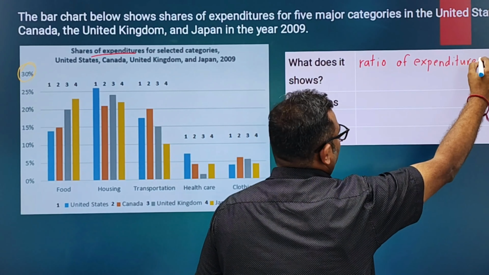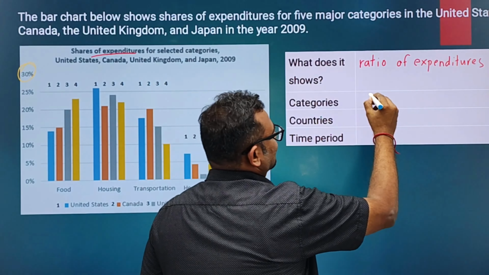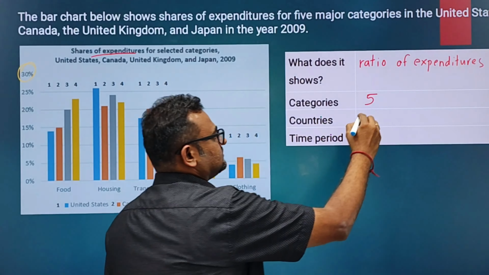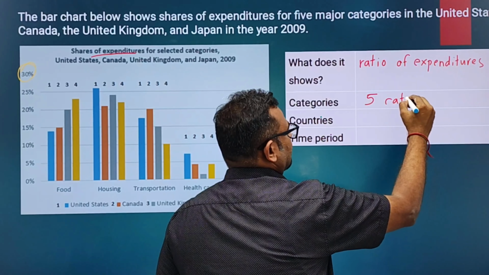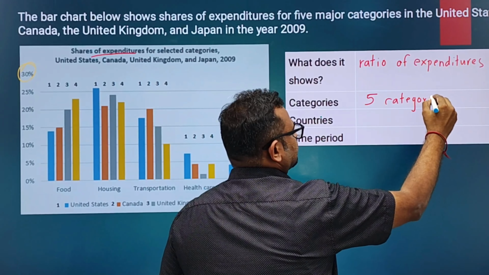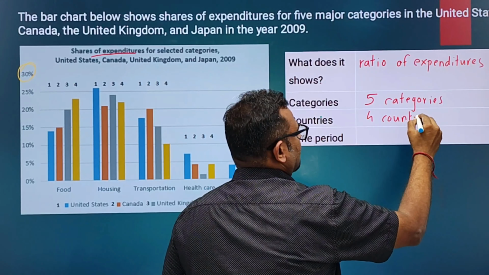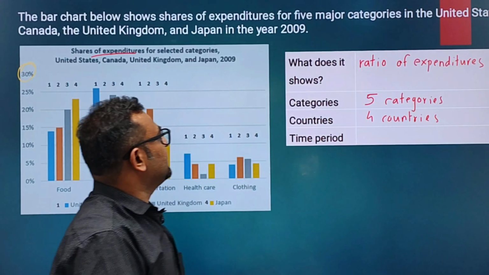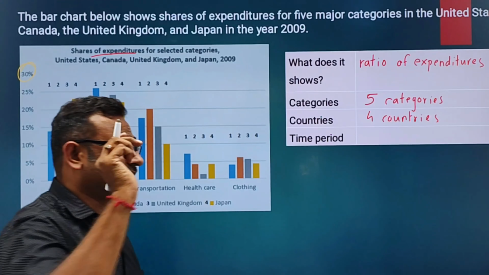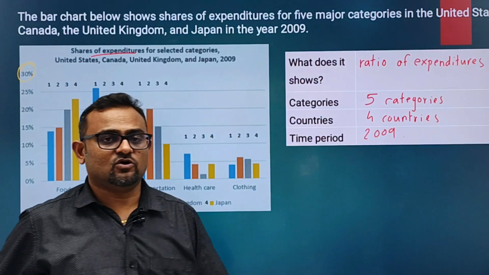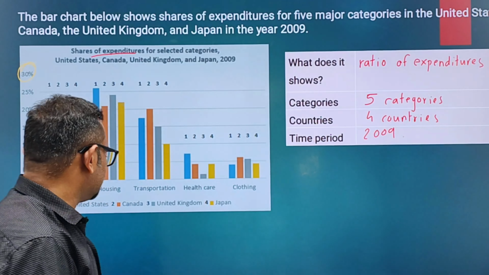How many categories? 1, 2, 3, 4, 5. So let's take 5 categories. How many countries? 4. And the time period is 2009. Now let's frame the introduction.